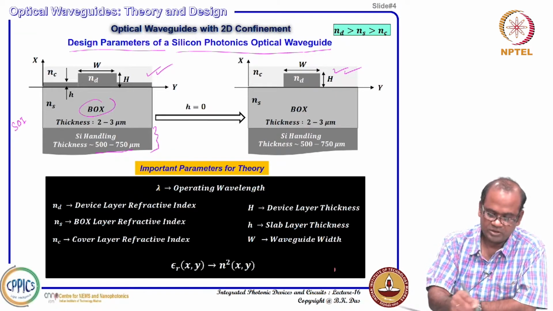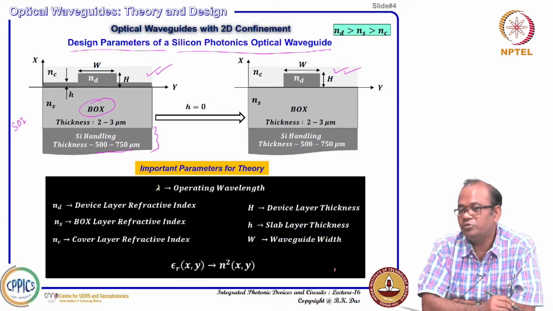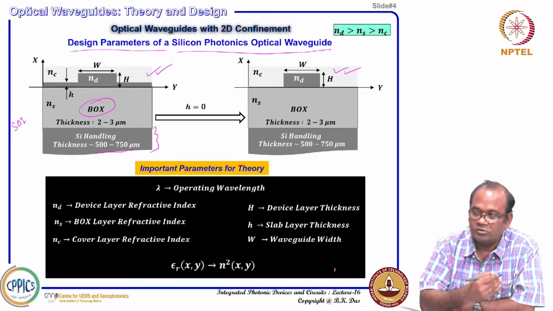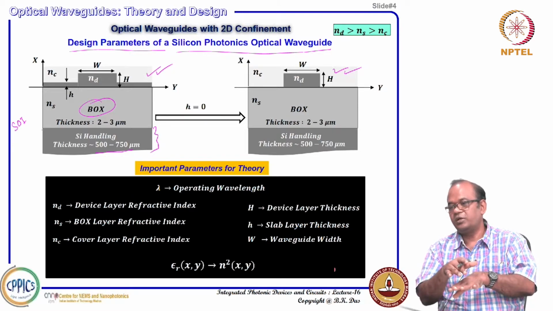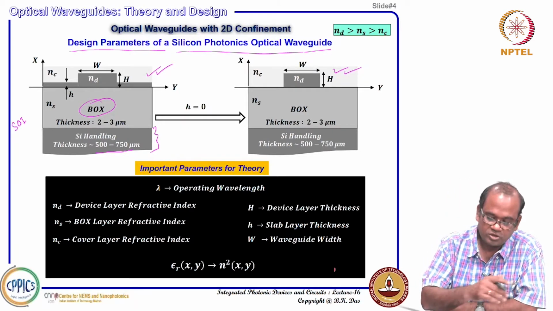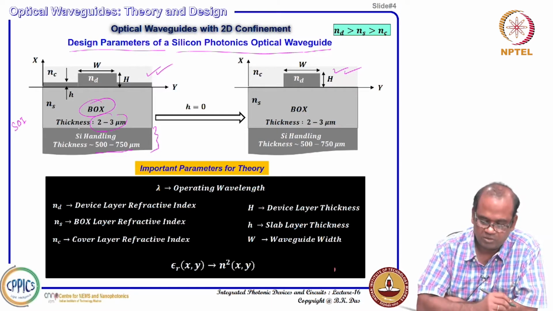And then you have a BOX layer, 2 to 3 micron typically needed. Basically more is better, but 2 to 3 micron is sufficient. So, why go for more, because it has to be actually grown. The technology for the silicon on insulator platform is also very expensive. So, that wafer you need to customize, and industry has customized it with 2 to 3 micron in that range somewhere.